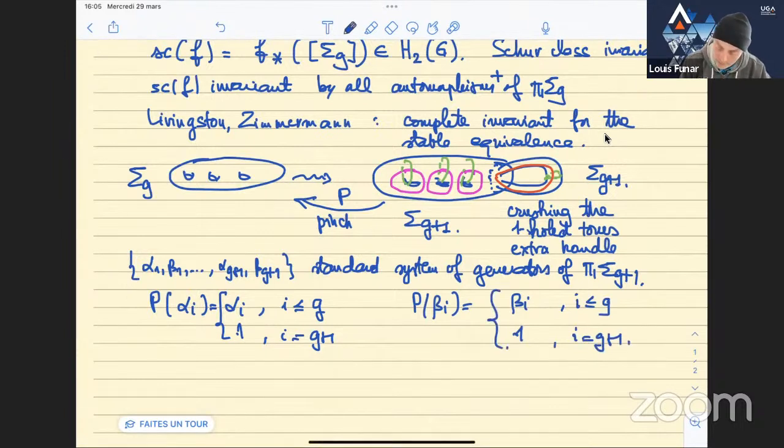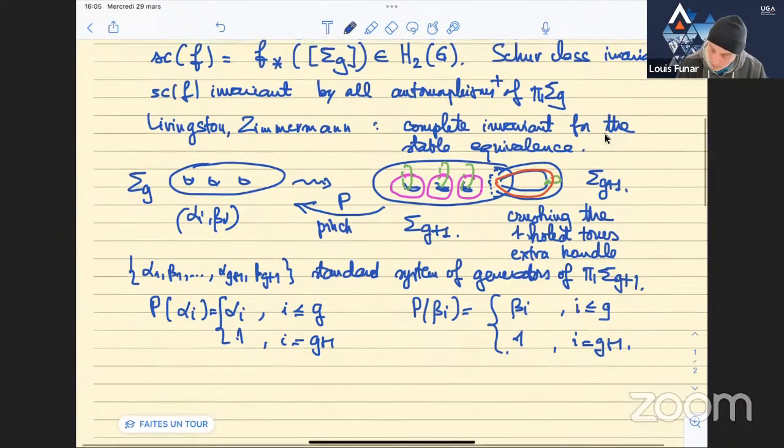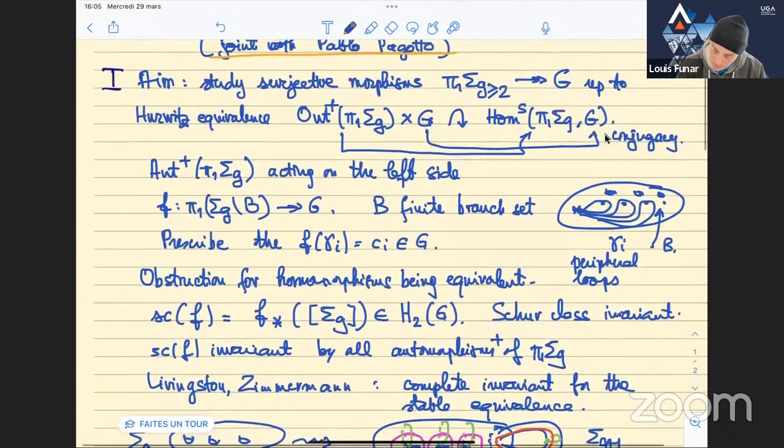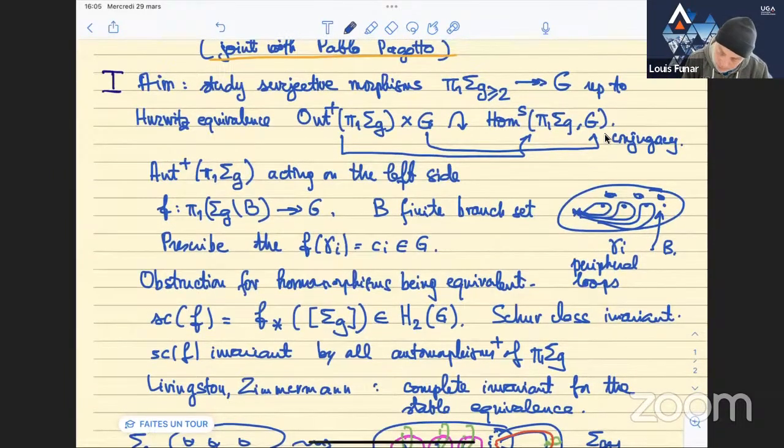So here we have the same alpha I and beta I drawn up here. This is the stabilization, and the theorem of Livingston-Zimmermann says that two homomorphisms onto the same group G are equivalent with respect to the action of this automorphism group.